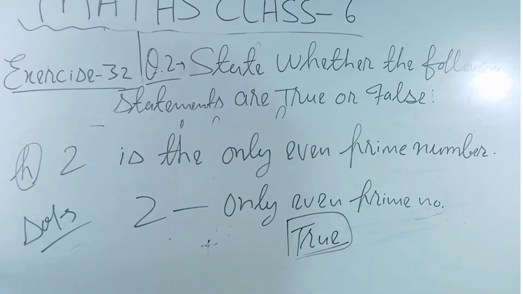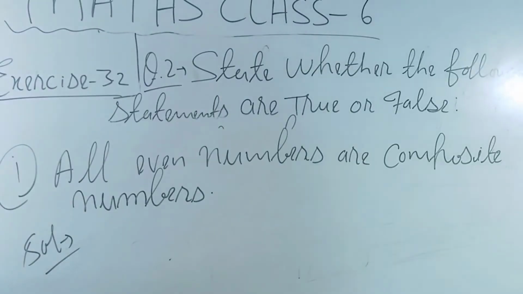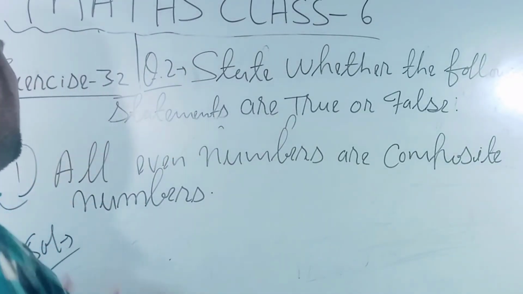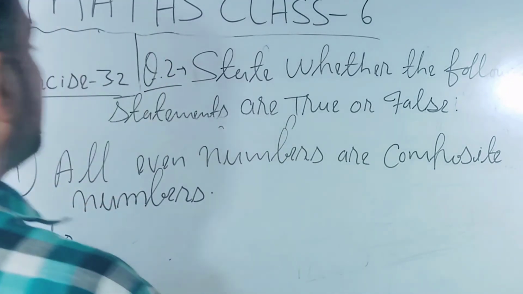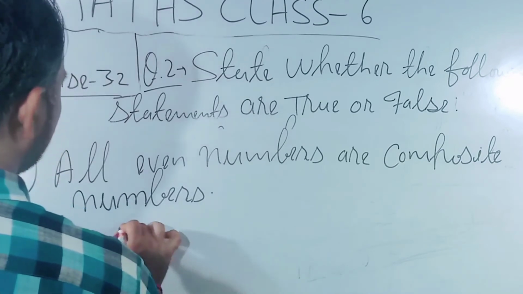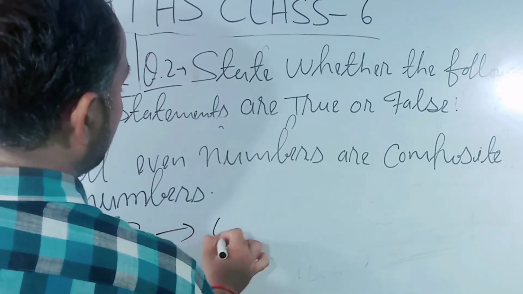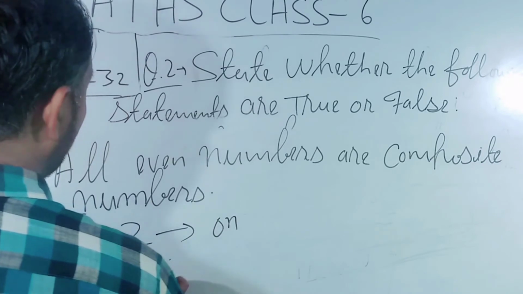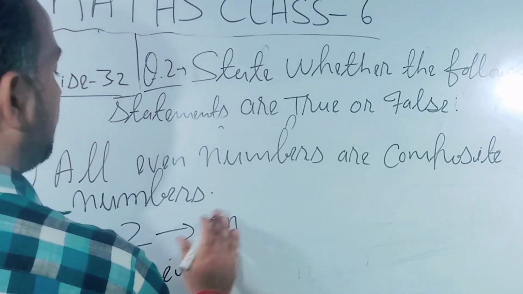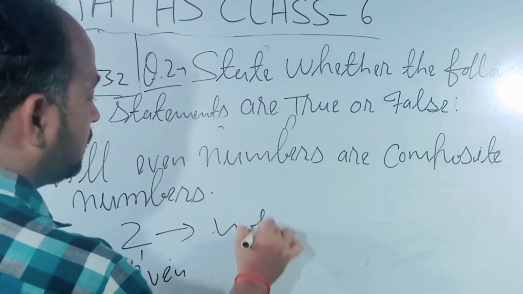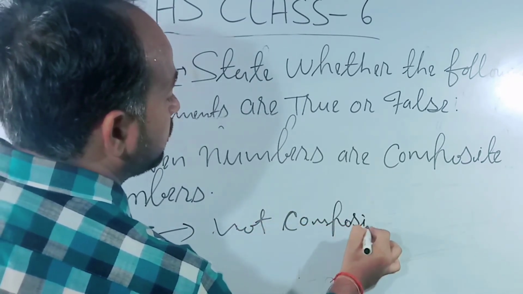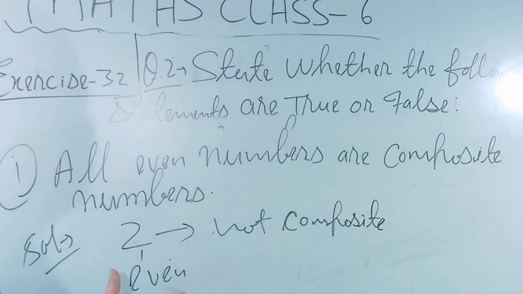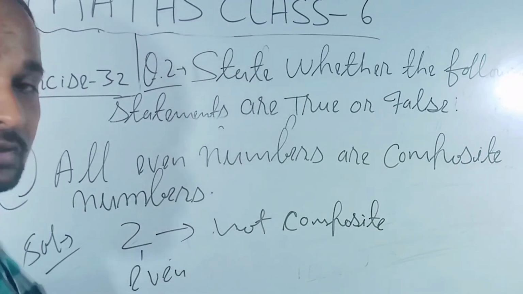Now the next one, part I of question number 2: all even numbers are composite numbers. It is not true, because 2 is an even number, but not composite. It is not a composite number, even but not composite. Clear?